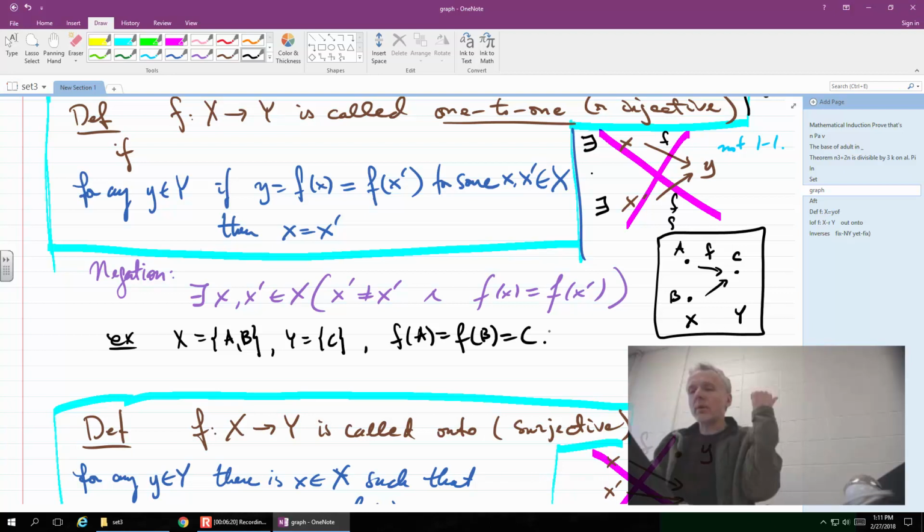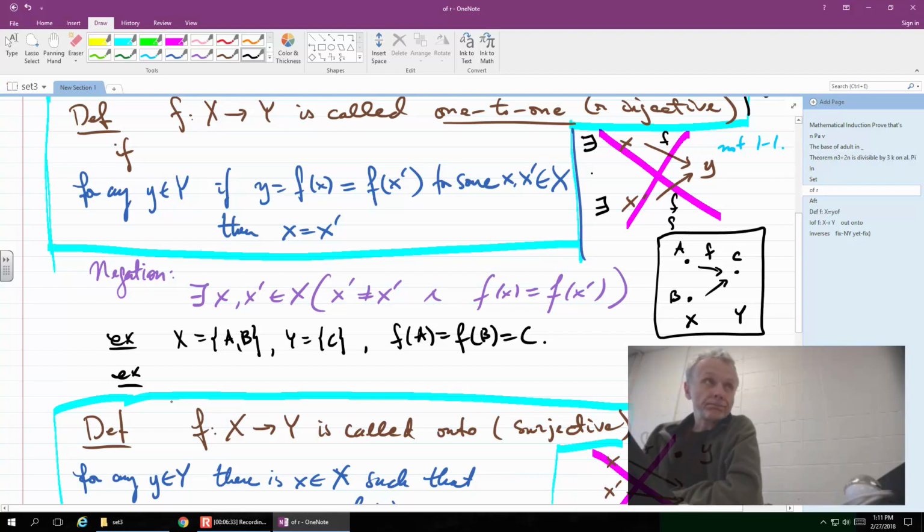Okay, same thing with the other one, the function that is not onto. So for the next example, maybe you can tell me, how do I illustrate a not onto function with as few elements in the sets as possible? So I need x, I need y, I need f.